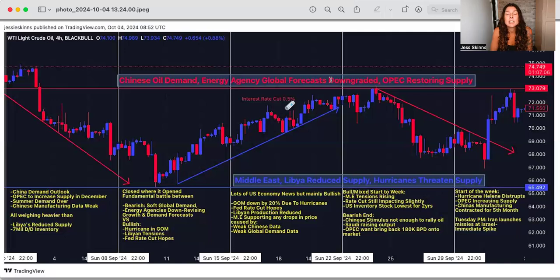OPEC are essentially the oil cartel. They're the ones that actually pump the majority of the world's oil out of the ground, that have the market share. But those three organisations will basically dictate the price of oil based on supply and demand forecasts, and also how much OPEC are actually bringing out of the ground.